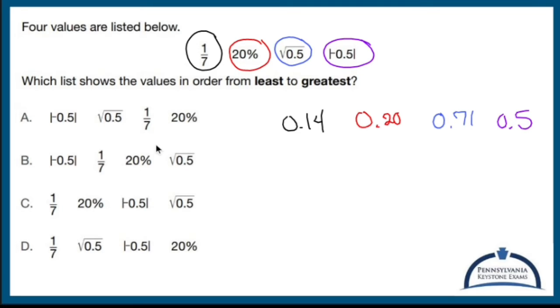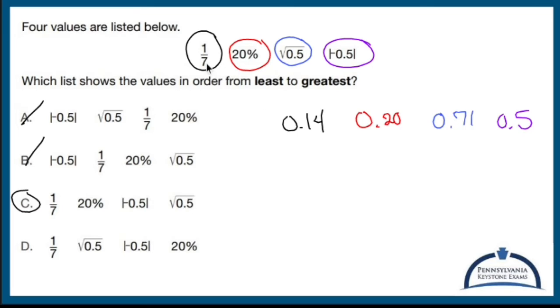So the smallest one of these is the first one, the 1/7. So that eliminates two of the choices. After that, we are looking at 0.20, so that leaves us with 20%, and then the rest is just the rest. So C is going to be my answer.